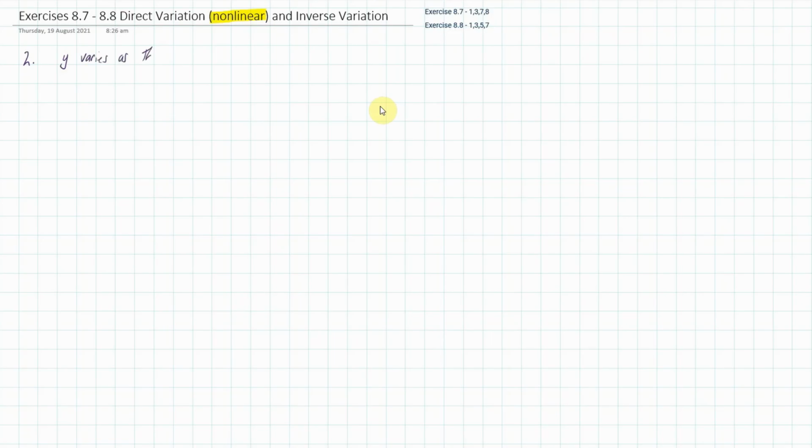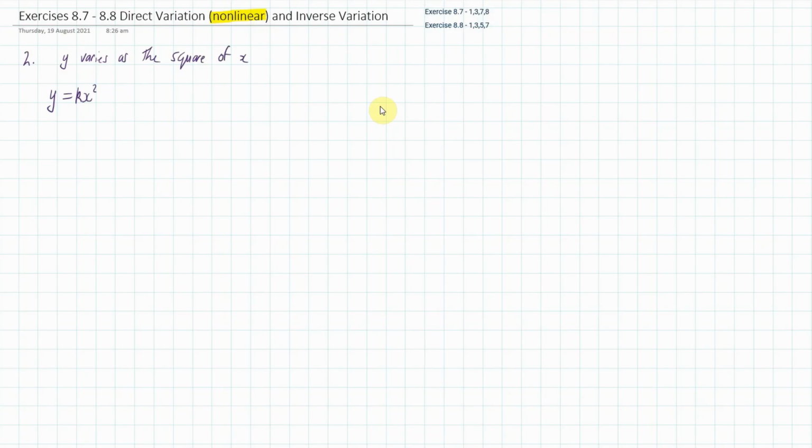What this means is that you've got a y equals kx squared function.